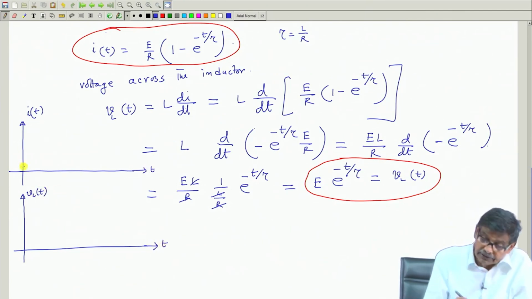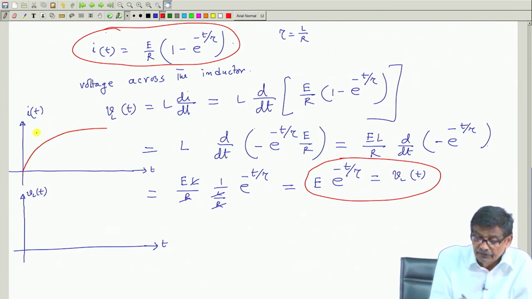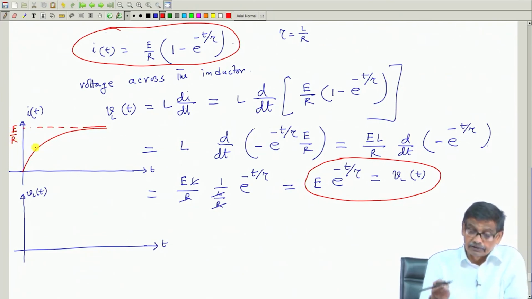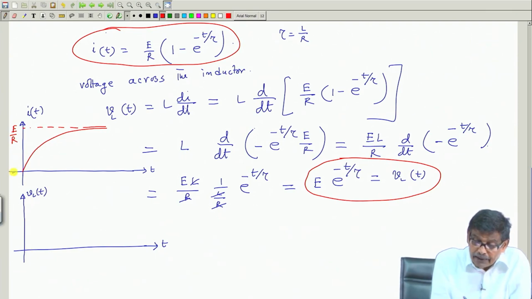I(t) we have seen will be like this, final value will be E by R, and it will grow exponentially with a time constant tau. Before that it was 0 here.